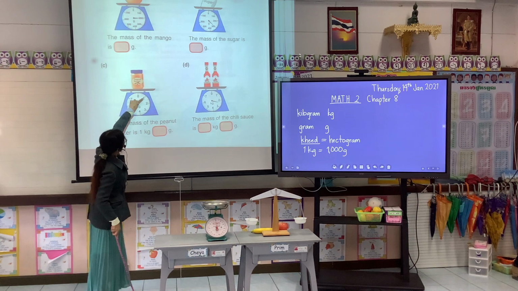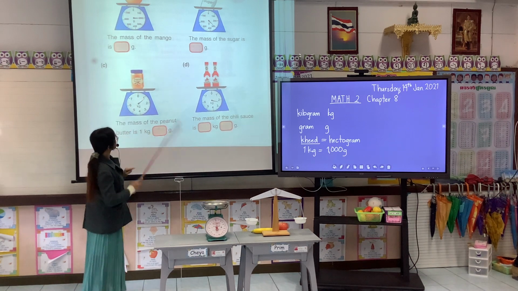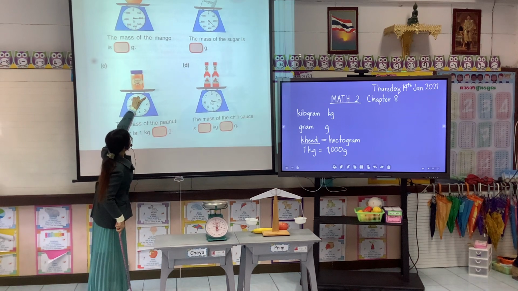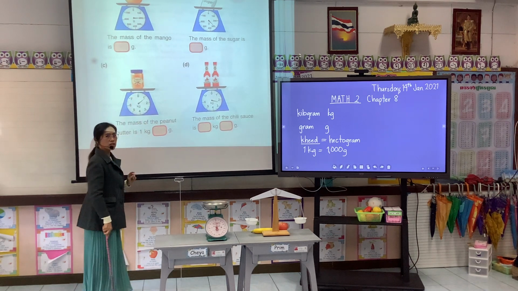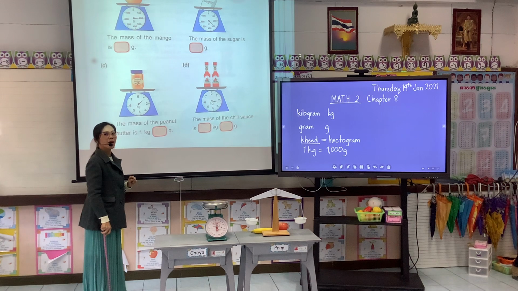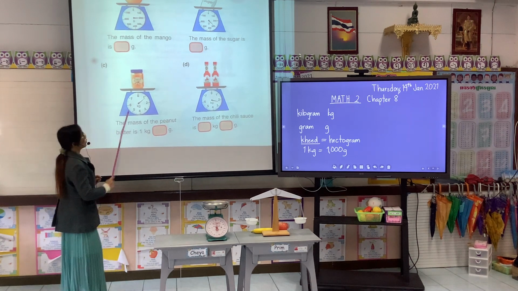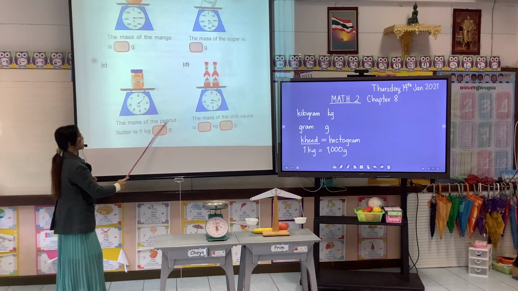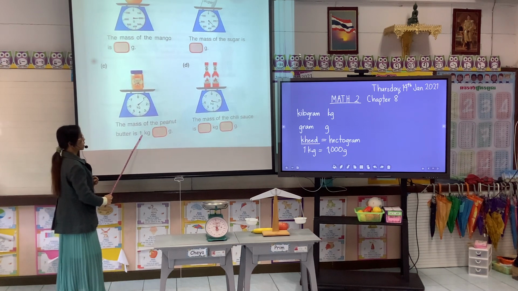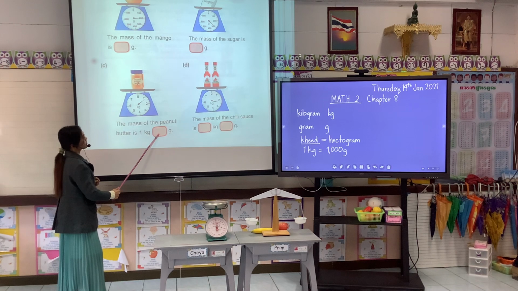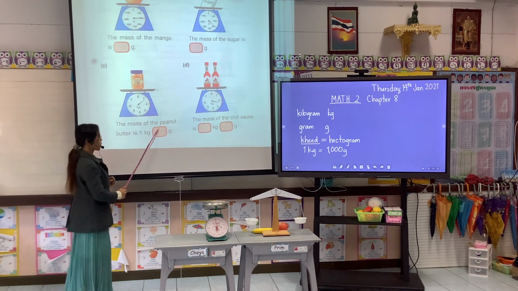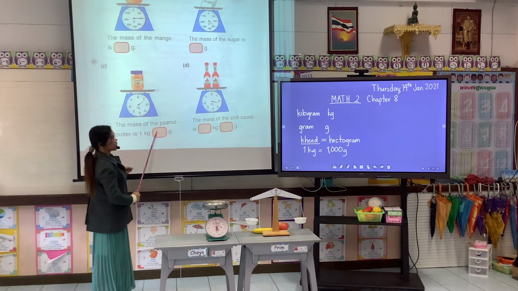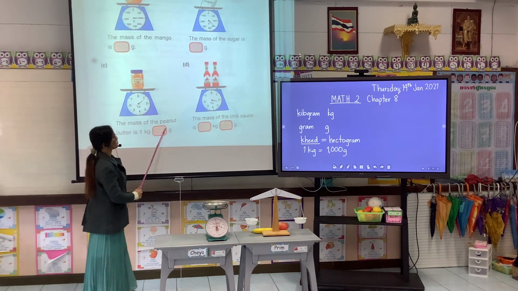So let's see, 1 kilogram and how many grams? 100, 200. In grams we are reading by hundreds. What is the mass of the peanut butter? The mass of the peanut butter is 1 kilogram and 200 grams. Please write that down in your textbook.